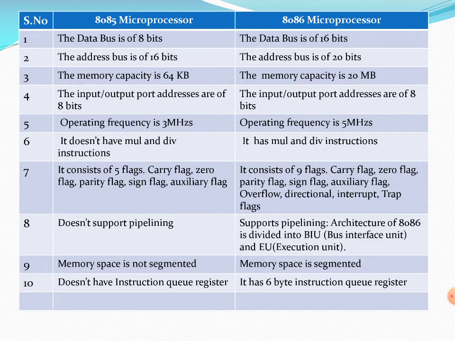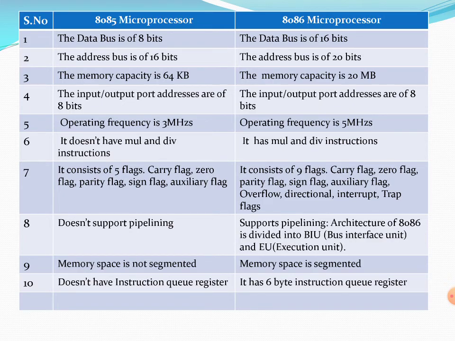The 8085 microprocessor doesn't have MUL and DIV instructions, whereas the 8086 has MUL and DIV instructions. In the 8085, the number of flags is 5, whereas in the 8086 the number of flags is 9. The 8085 does not support pipelining, whereas the 8086 supports pipelining, which is evident from the architecture.